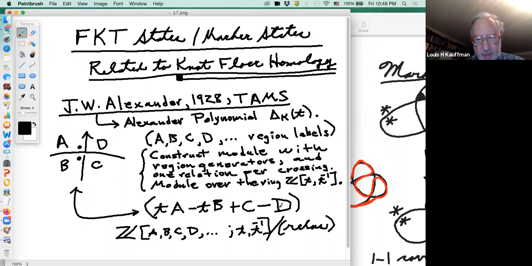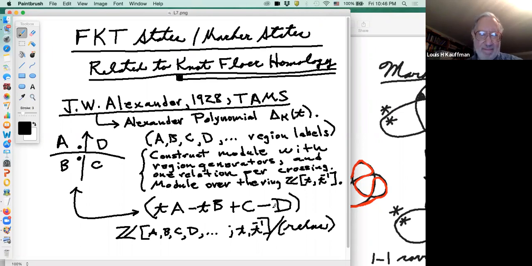So you're setting this equal to 0. You're saying that T times (A minus B) is equal to D minus C. And we're going to get a polynomial out of that.